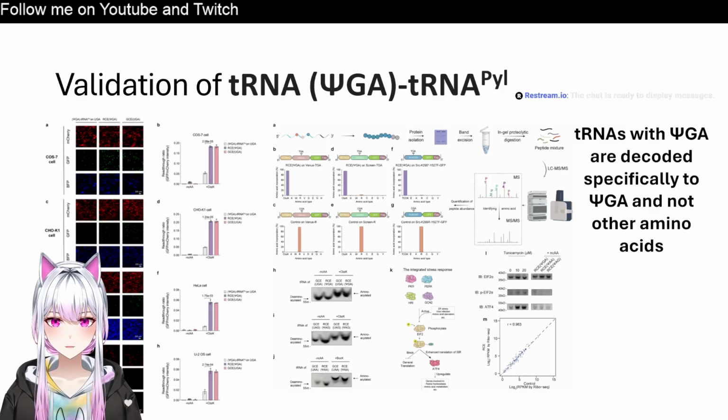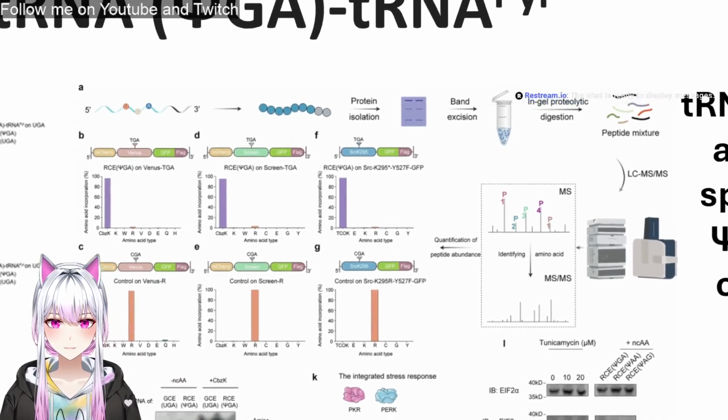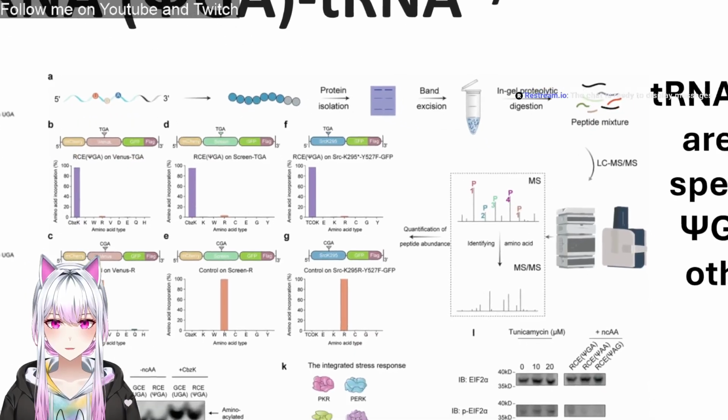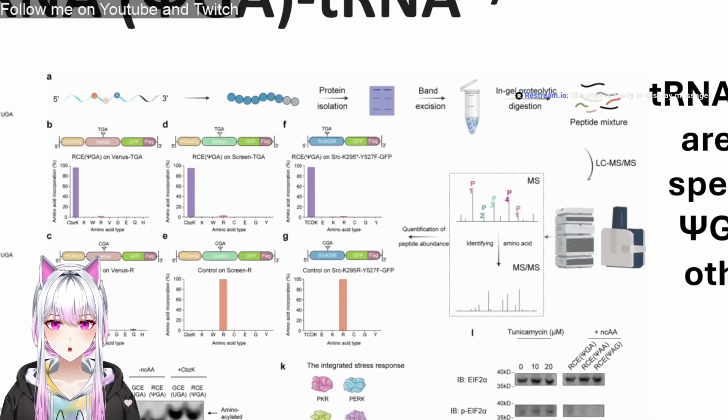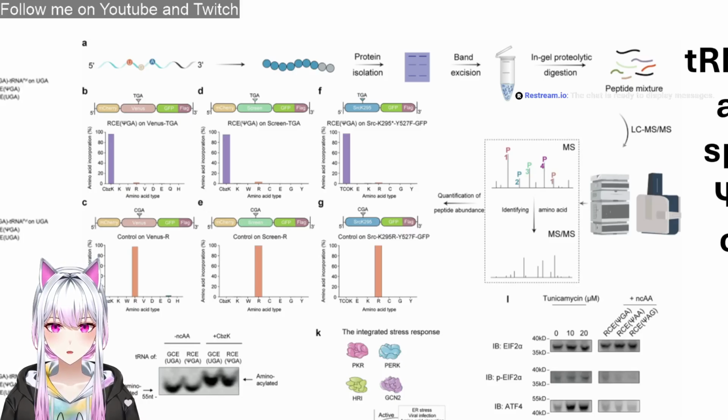Here is a schematic workflow of how the experiment was conducted. We have the proteins, isolate them, digest, and then do LCMS or MS, and then we can identify the kinds of amino acids present at the site. In the presence of pseudouridine, only the non-canonical amino acids can be found here, and all other amino acids are generally not found in these regions.